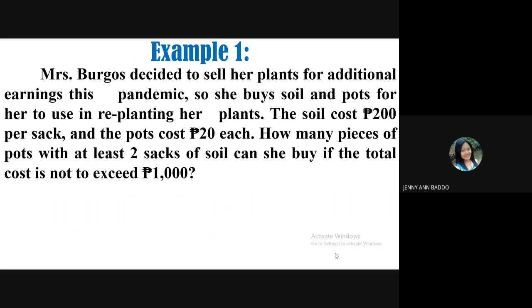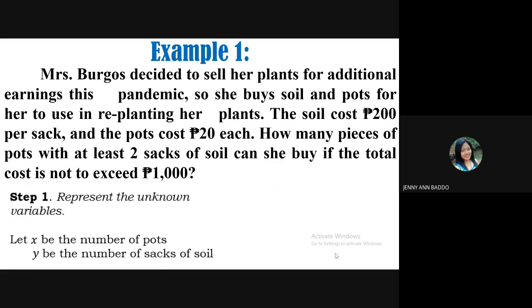So first, we have to represent the unknown variables. Let x be the number of pots and y be the number of sacks of soil. Now, since we have represented the unknown variables, we can now write the inequalities.